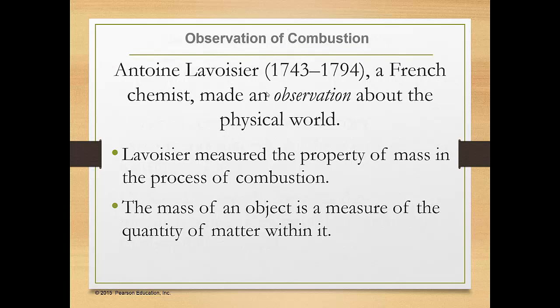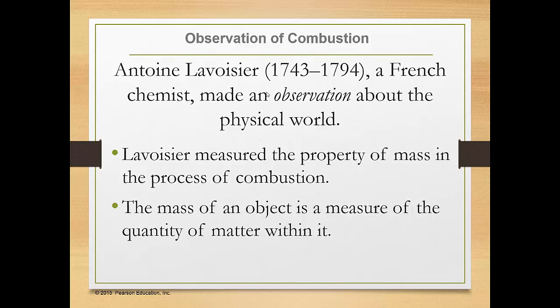An example of that, Antoine Lavoisier was a French chemist in the 18th century, and he made a particular observation about the physical world around him. He studied combustion, which is, again, something very specific to a chemist, but for now, combustion is just burning something. Lavoisier measured the property of mass in the process of combustion.